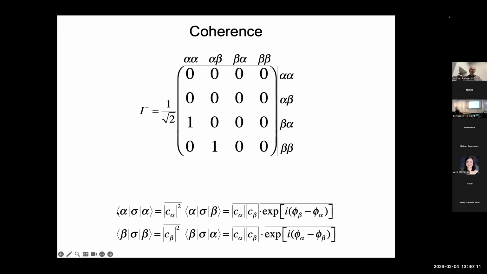And then when I multiply and integrate with the bra alpha, I'm going to pick out only the part that remained alpha by orthogonality. So here, I end up with some coefficient associated with the amount of alpha that I had.